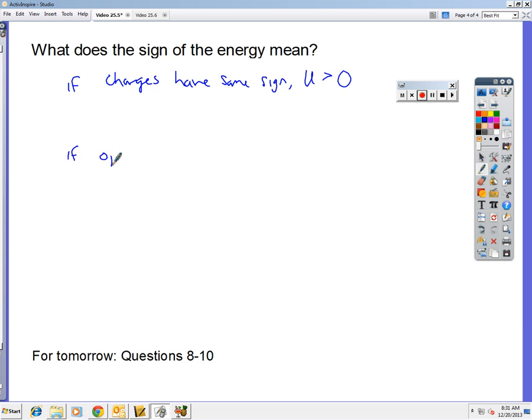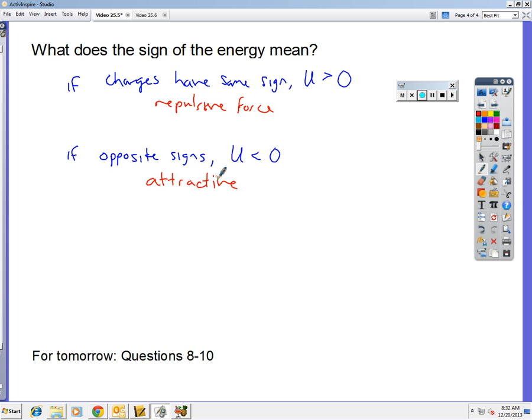And if they have opposite signs, the energy is less than 0. Now, we should also note that when charges have the same sign, you have a repulsive force. And when charges have opposite signs, you have an attractive force.